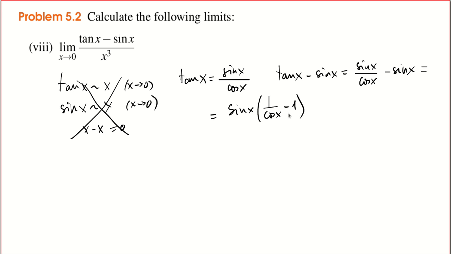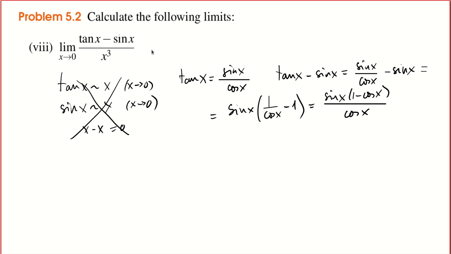And reducing this to a common fraction, what you have is the sine of x times 1 minus cosine of x divided by cosine of x, or if you prefer, the sine divided by cosine. This is the tangent. Well, it doesn't matter. We can keep it like this, right?